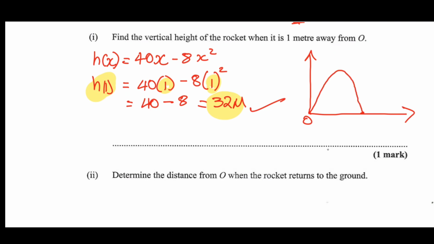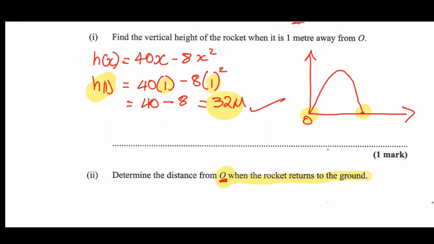Now, we want to determine the distance from O. So in other words, there are two places when it was at O, and O is referring to the ground: before it shoots off and when it returned.